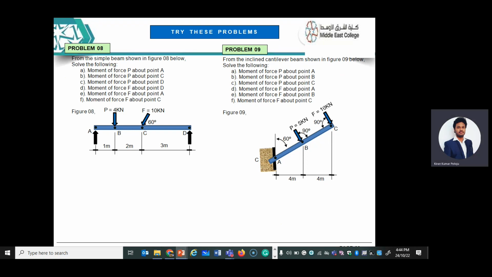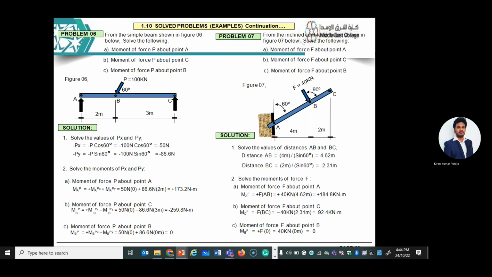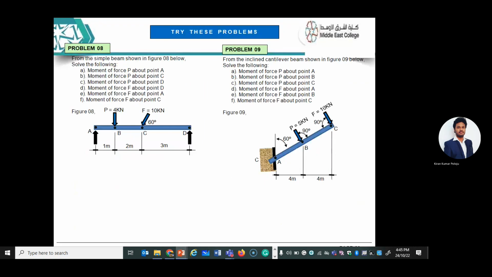Now, moment of P about A. So, from this point to this point, what is Px? 0. Px is equal to 0 here. Plus how much? Py. And what is the distance?